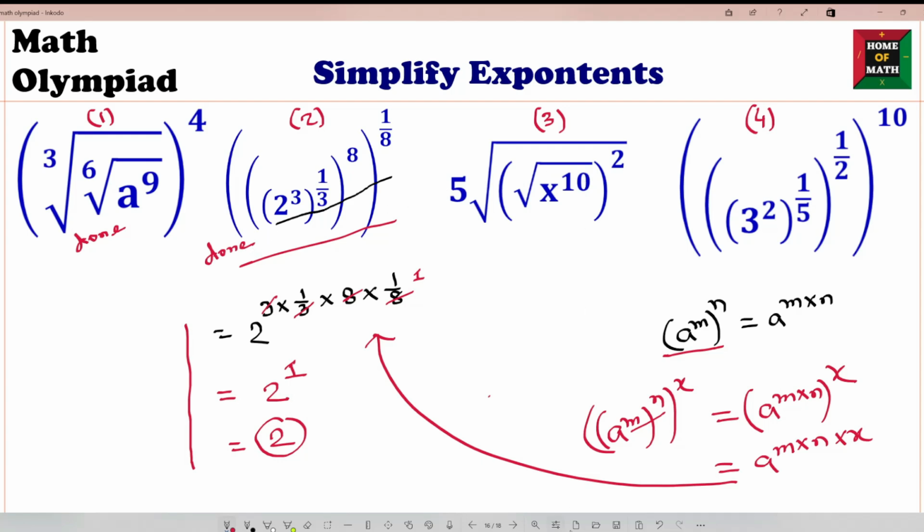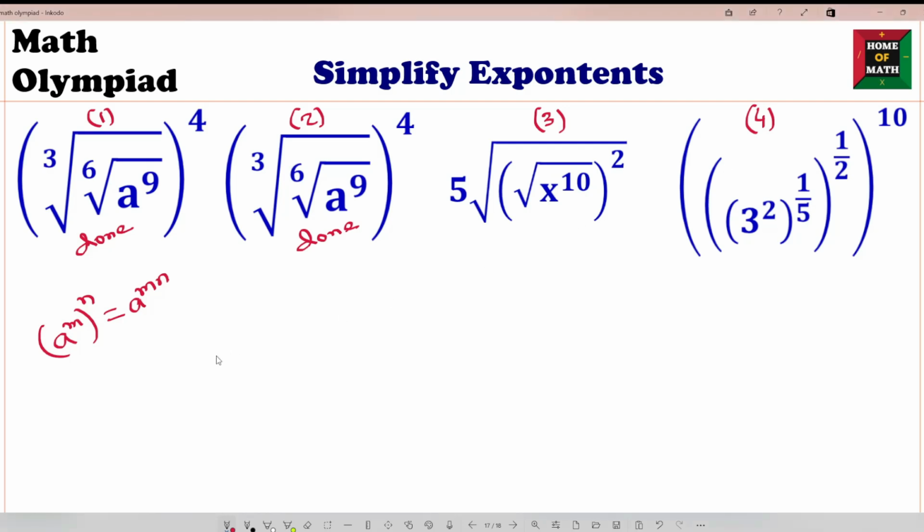Let's start number 3. We've already discussed a to the power m to the power n means a to the power mn, and also the nth root of a means a to the power 1 by n, and also the nth root of a to the power m, we can write a to the power 1 by n times m, which means a to the power m by n.